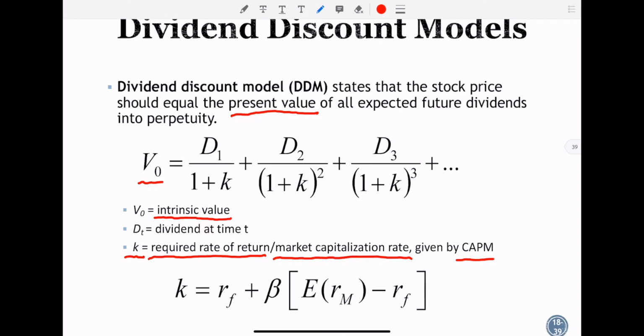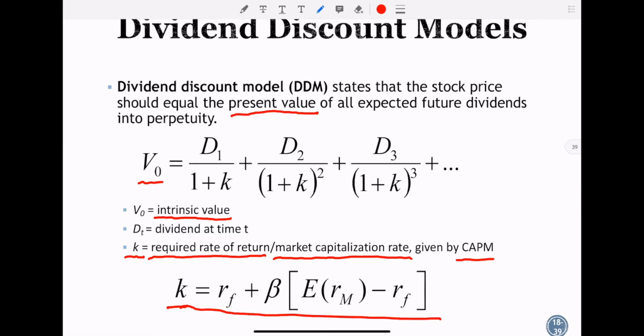So here K is the cost of equity. It is also called the required rate of return or market capitalization rate. And if you have some difficulty in understanding this formula, then I would recommend you to look back into your corporate finance 2 lecture notes or read your corporate finance textbook, right?